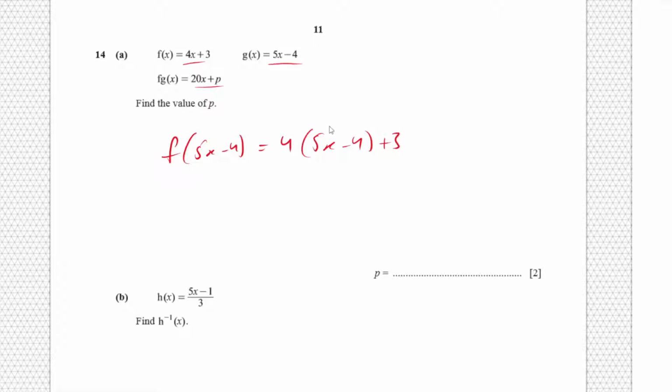Instead of x we write g of x, because we have to find f of g of x. We plug g of x into f of x. Let's simplify. 4 times 5x is 20x. 4 times negative 4 is negative 16, plus 3. If you notice, we're getting there. 20x minus 16 plus 3 is negative 13, and that's the answer, negative 13.